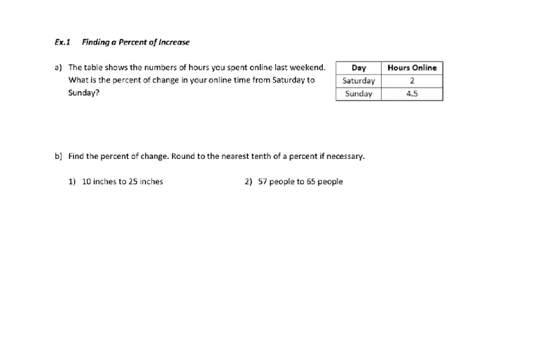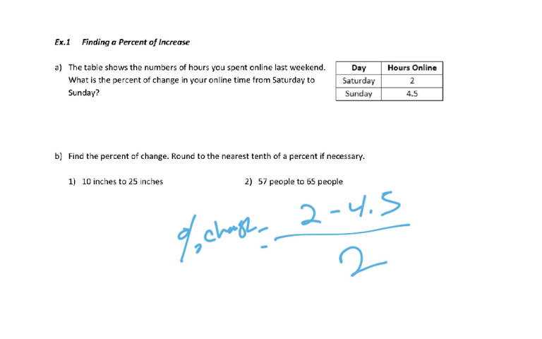Let's look at this. I'm going to go down here at the bottom. It says find the percent of change, round to the nearest tenth of a percent if necessary. Well, Saturday comes before Sunday, so it's going to be 2 minus 4.5 all over 2. When I pop that in the calculator, 2 minus 4.5 is equal to negative 2.5 over 2.